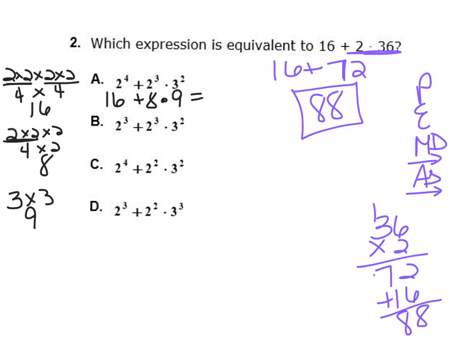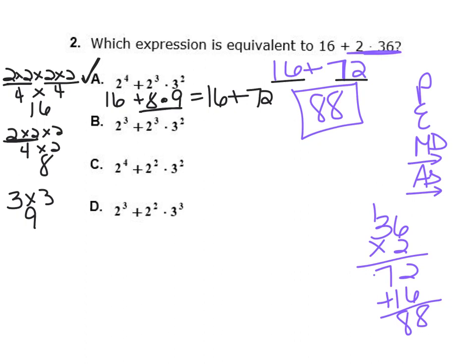So then if we add it up, we have to do multiplication first. So 16 plus 8 times 9 is 72. And 16 plus 72, that looks the same as this. So I'm not sure, this might be correct, but I still want to check my answers. If you notice, most of them have the same thing.